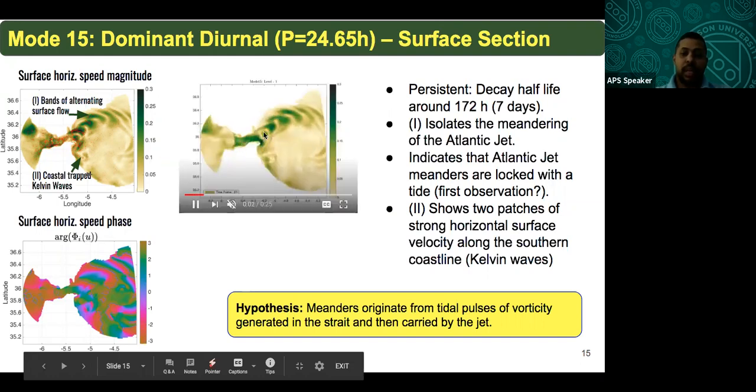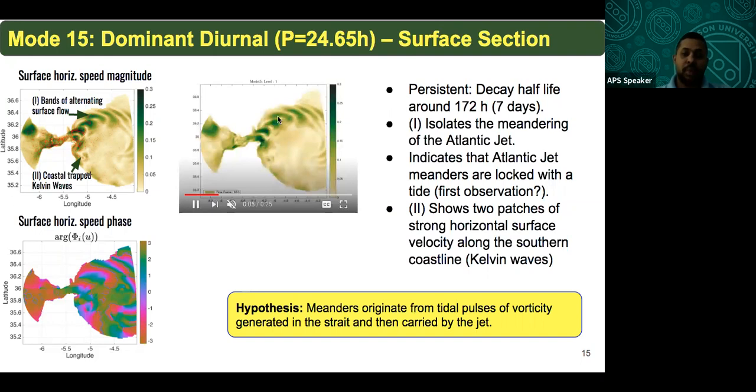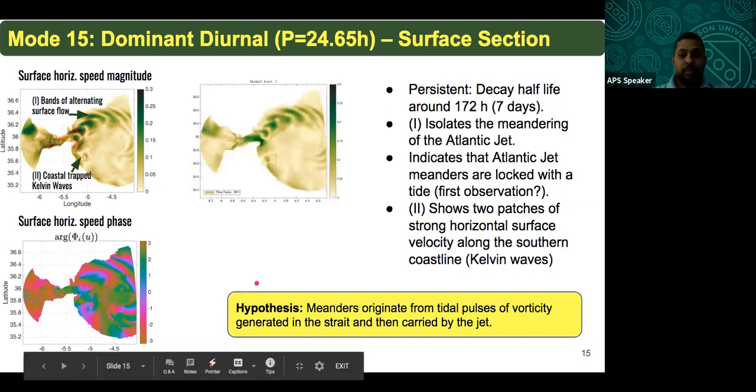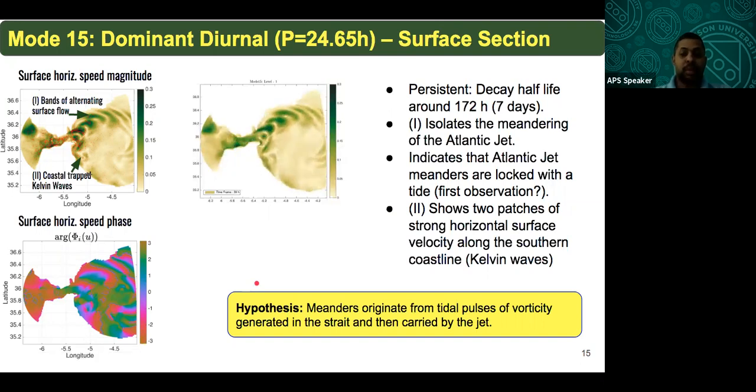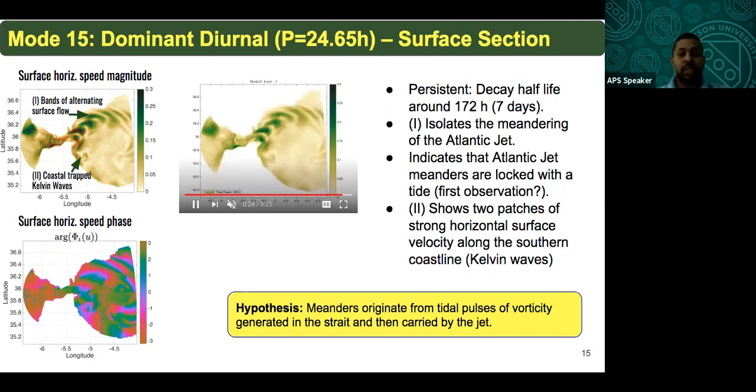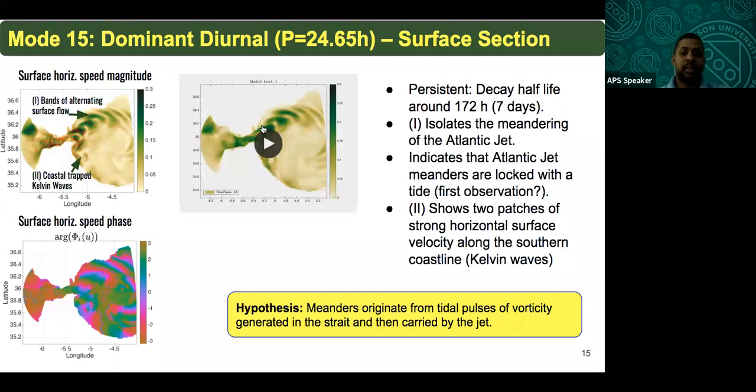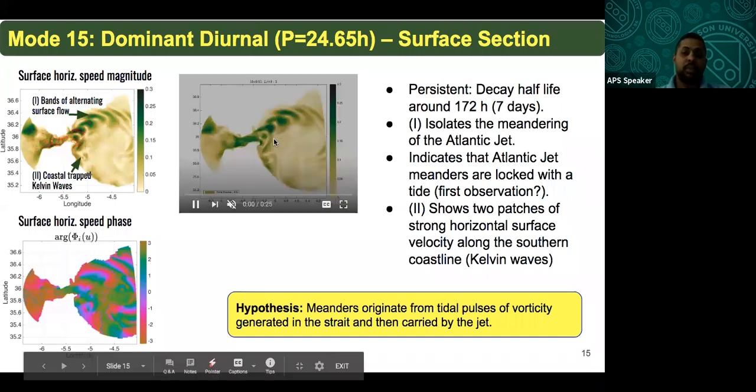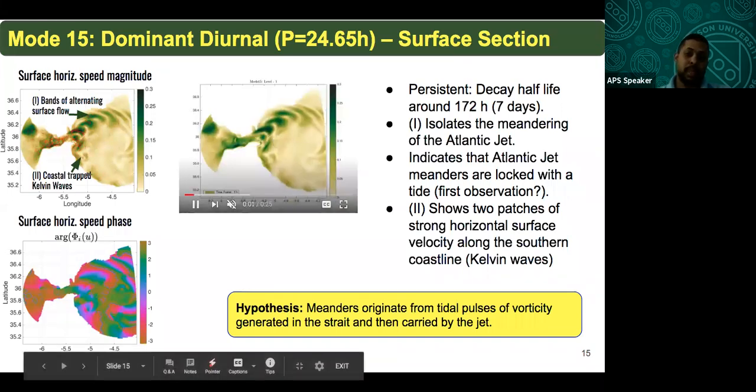We can identify this as a meandering mode, and we hypothesize that this meandering originates from the tidal pulse of velocity generated in the strait and then carried by the jet. This is an interesting feature we identified. This is a feature not known until now.